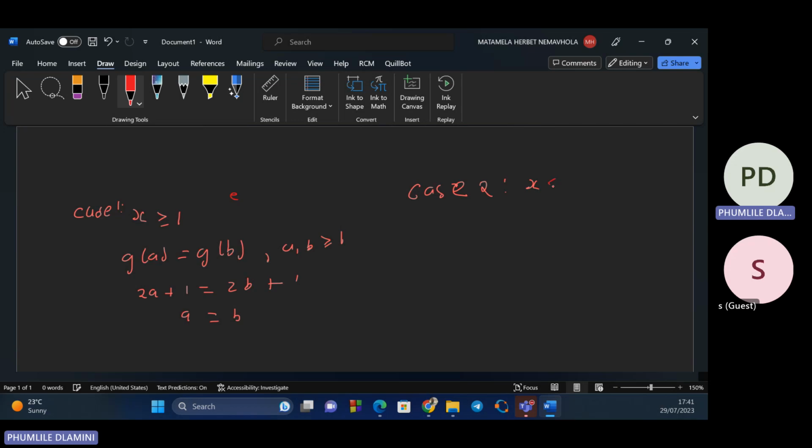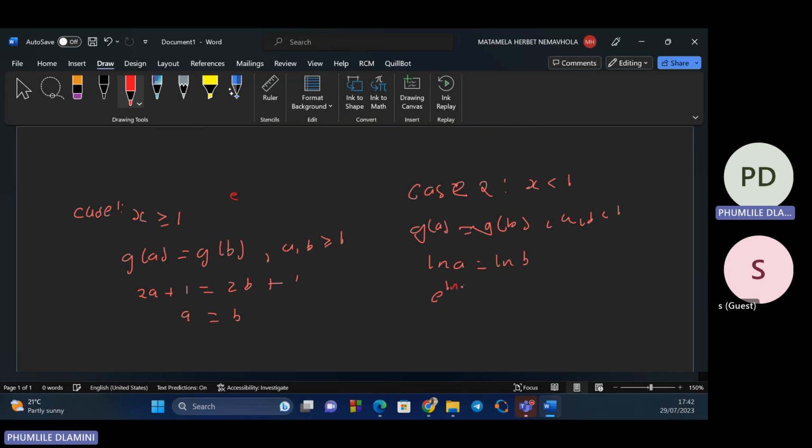Case 2 is x less than 1. So for case 2, when x is less than 1, we do the same. g of a must be equal to g of b for a and b less than 1. This means that we have ln there. So ln a is going to be equal to ln b. If we have ln a equals ln b, then we can introduce e on both sides.